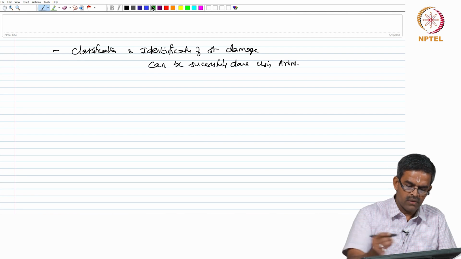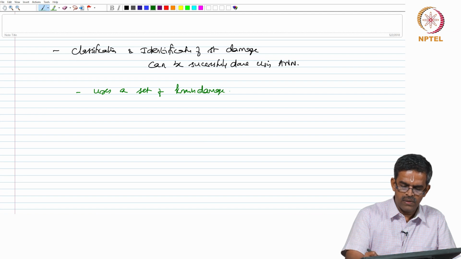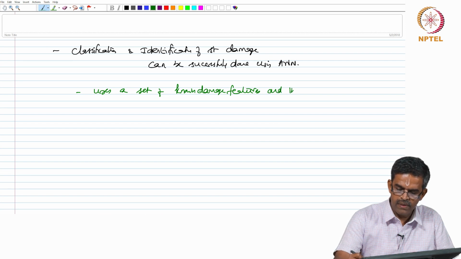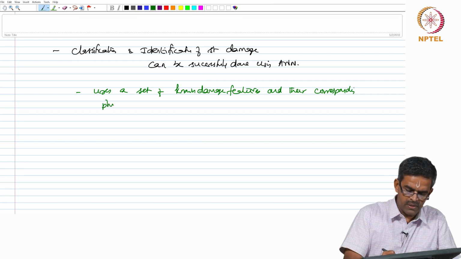How does it do it? It uses a set of known damage features and their corresponding physical parameters.